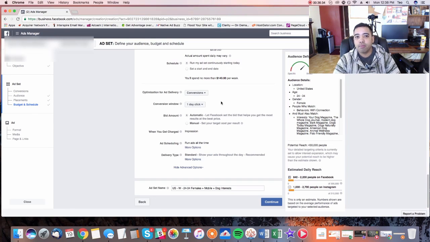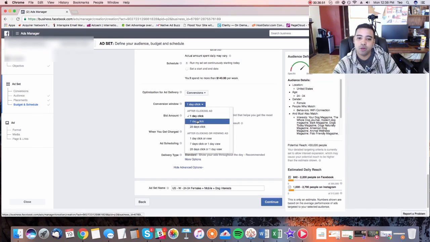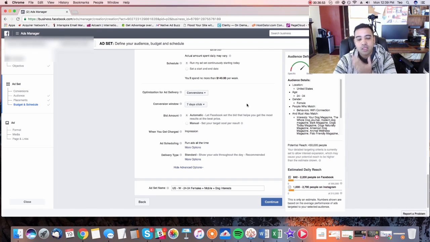Whenever they click on it, they're going to see if that person actually converts into a sale. If you have a product that takes time for people to think about, and it's going to take them a few days before making a buying decision, they're not really impulsive buyers, you want to do the 7-day campaign, because within 7 days, Facebook's going to optimize and show your ad to that person for up to 7 days to make sure that they buy your product.